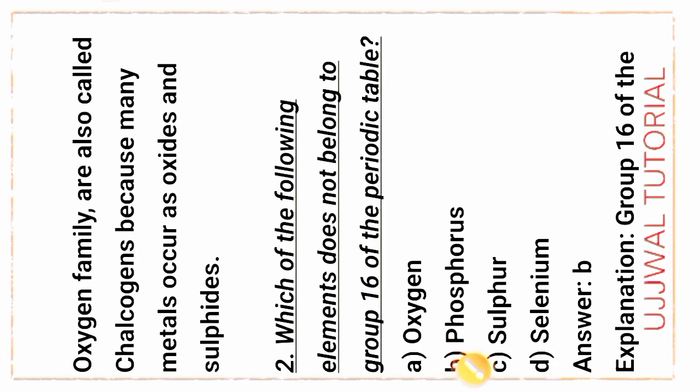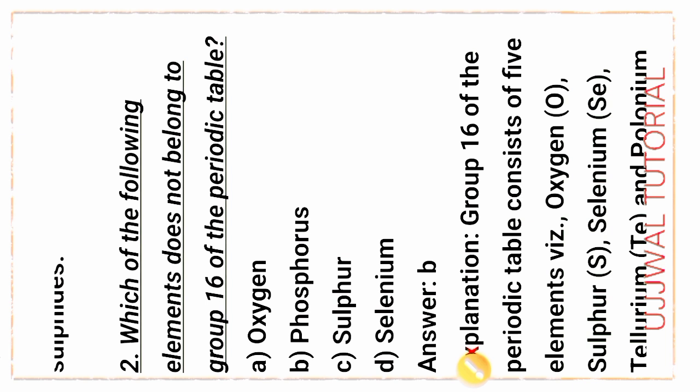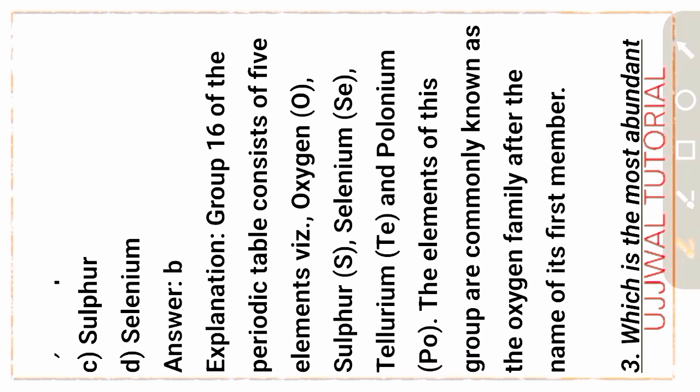Next question, question number 2. Which of the following elements does not belong to group 16 of the periodic table? Option B, phosphorus. To explain this part, group 16 of the periodic table consists of 5 elements, that is, oxygen, sulfur, selenium, tellurium, and polonium.